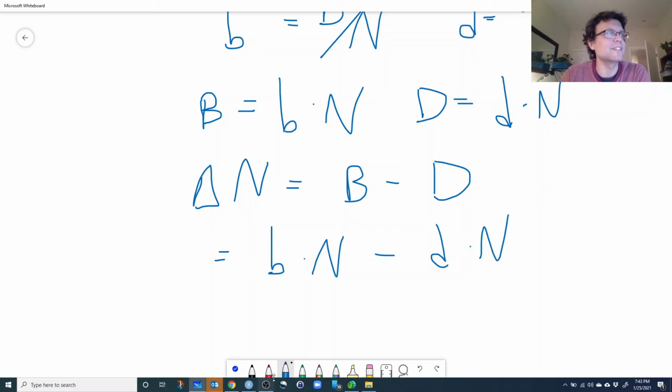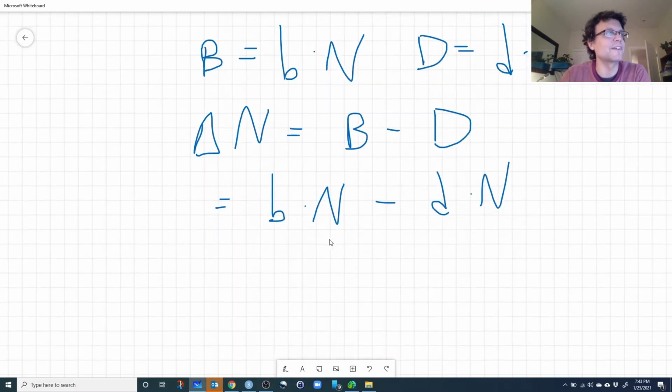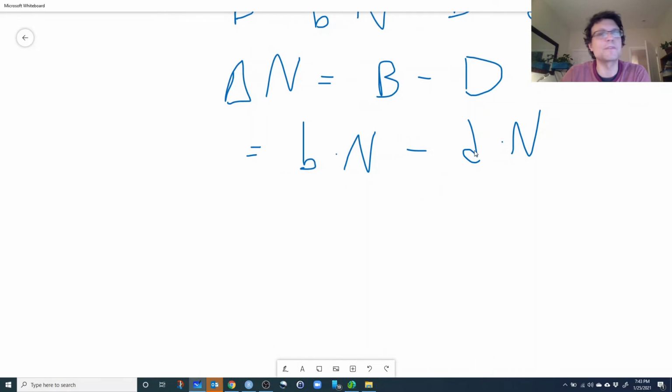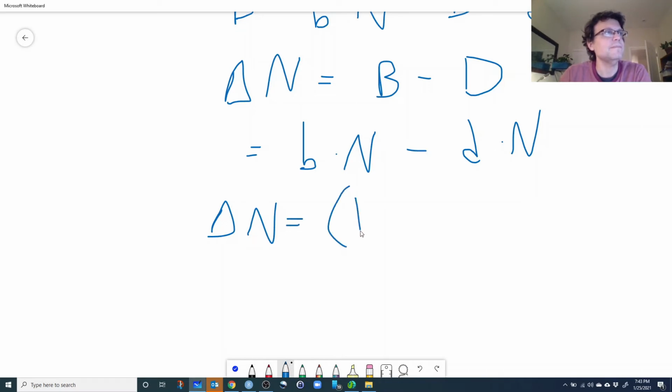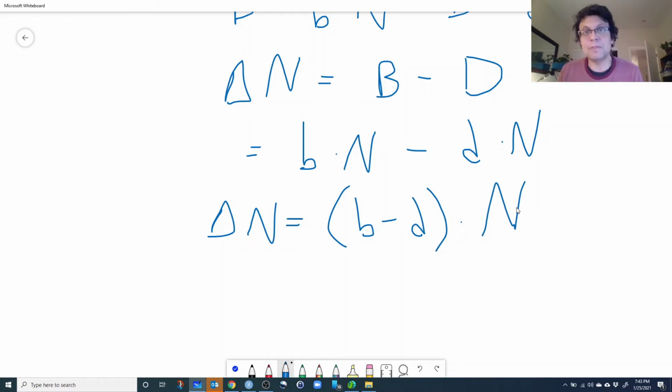Now we can easily factor this out, since n occurs in both of these terms. So another way of representing this same equation is (b minus d) times n.